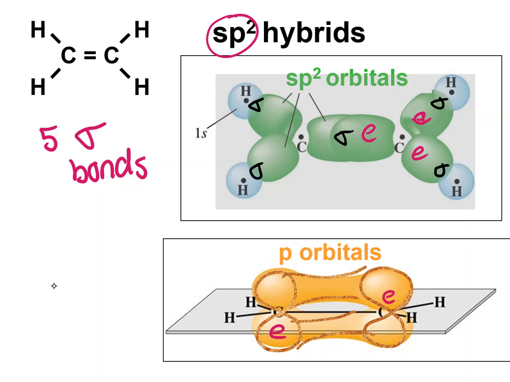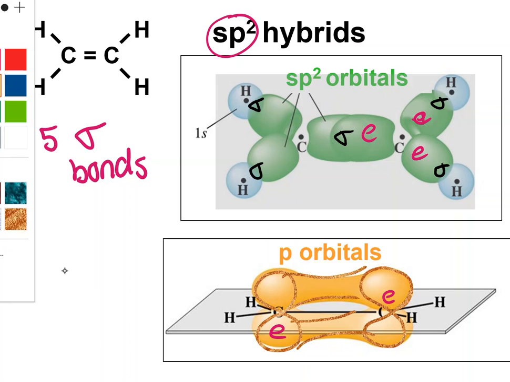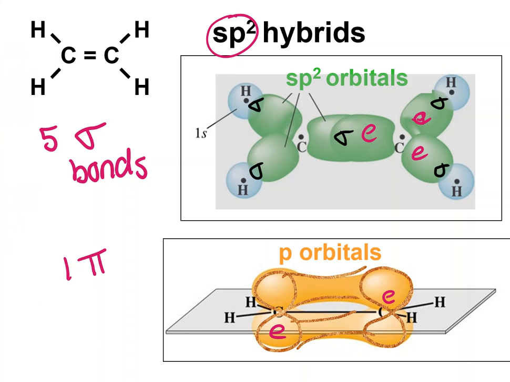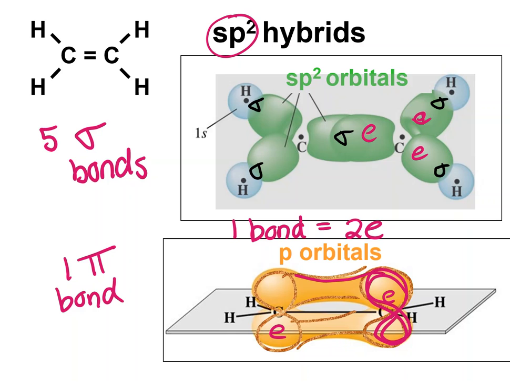But it is just 1 pi bond, because there are just 2 electrons. Remember, 1 bond is sharing 2 electrons. And it looks that way because this is 1 orbital when you do this.